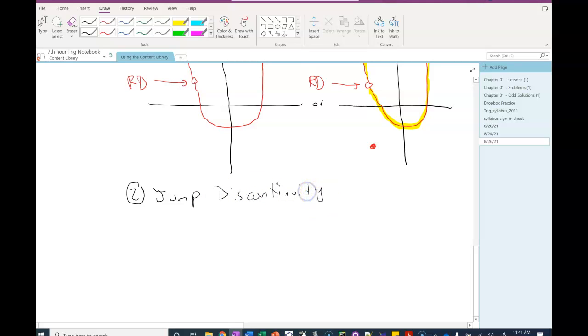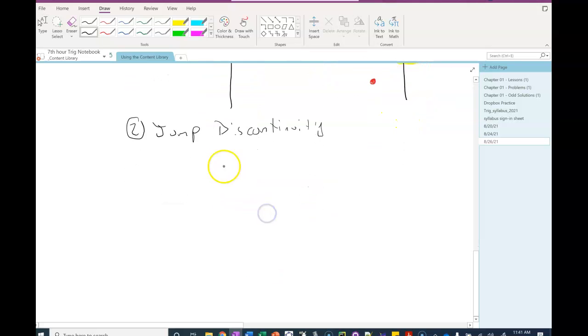This is one where you would not have seen this last year. The removable discontinuities, depending on what your teacher did, you might have seen when you talked about rational functions. But a jump discontinuity, we would not have talked about last year.